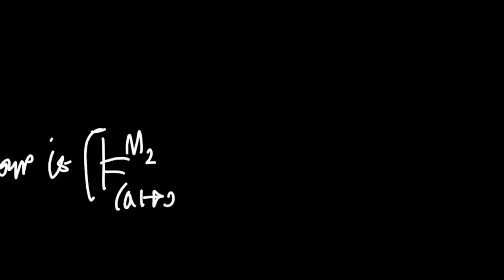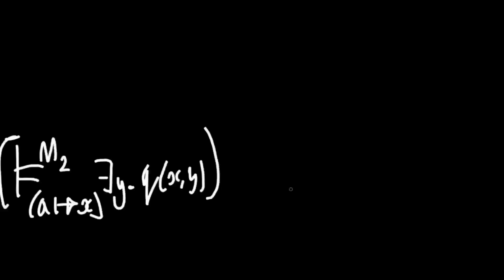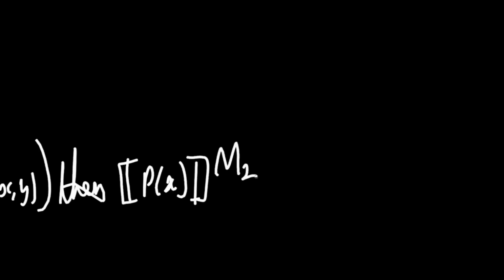If the turnstile parameterized by m2 and a goes to x of there exists y such that q of xy, then the meaning of p of x parameterized by m2 and a goes to x.